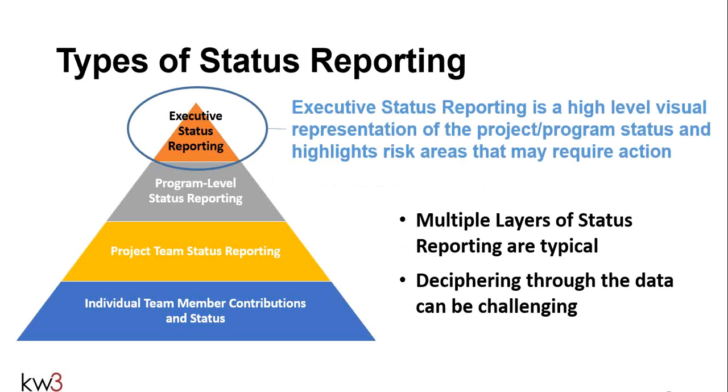Sometimes you may see the program level and the executive status reporting be the same, depending upon the project. But really, executive status reporting is at the highest level, with little detail, just enough detail to give the executives the information they need to help manage a project and feel comfortable with where the project is going.